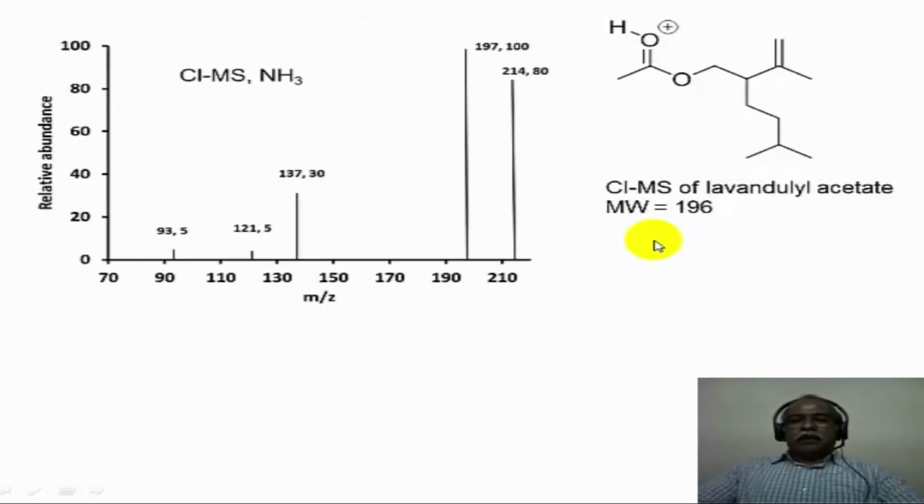Now, when the compound is used for chemical ionization mass spectrum using ammonia as the reagent gas, there are two peaks formed. This is the protonated species, which is the base peak, 197 mass units, 100% relative abundance, for example. This is about 18 mass units more than the molecular ion peak.